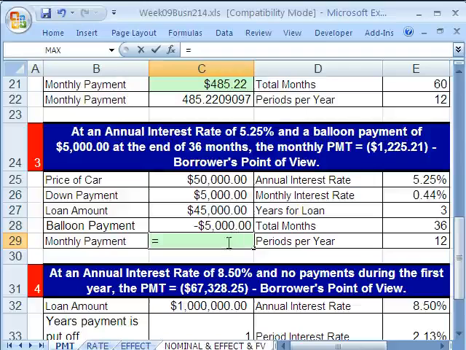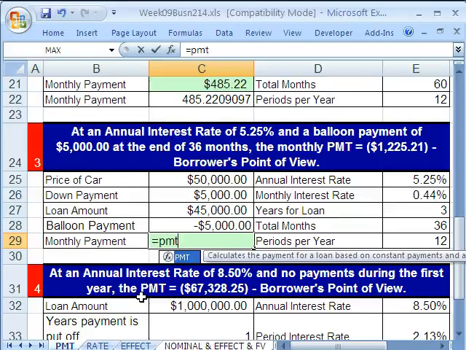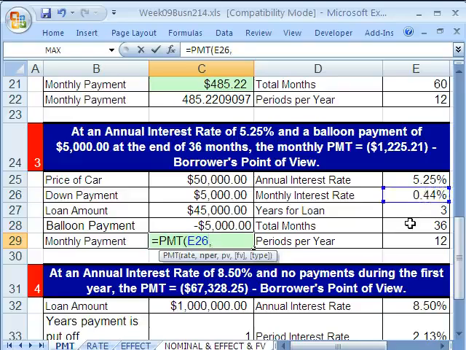So equals PMT. The rate is going to be our monthly interest rate, comma, NPR is 36, comma, the present value, since this is from the borrower's point of view, is going to be 45,000, a positive, comma, the future value.